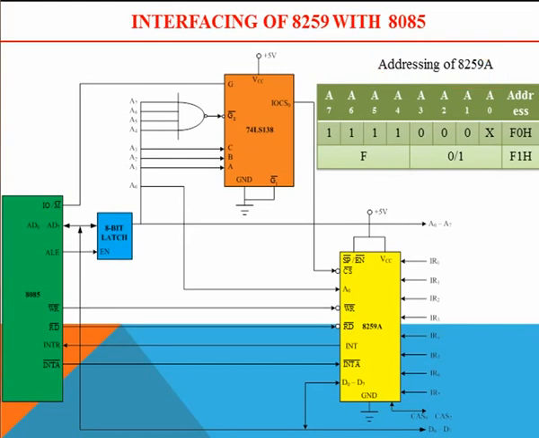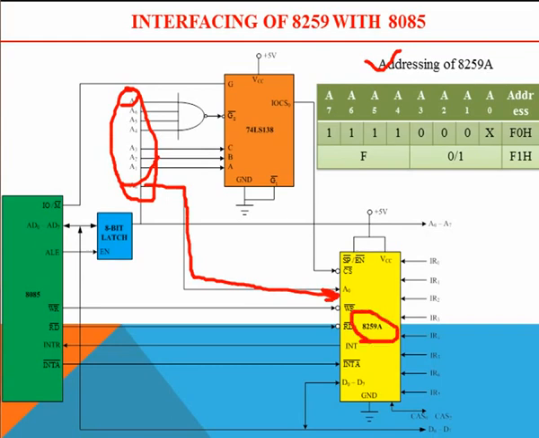Now, the address of 8259 is decoded by the address bus lines A0 to A7. Here we can see A0 is directly connected to the A0 pin of 8259. Therefore, the A0 value may be either 0 or 1, so it is a don't care condition.